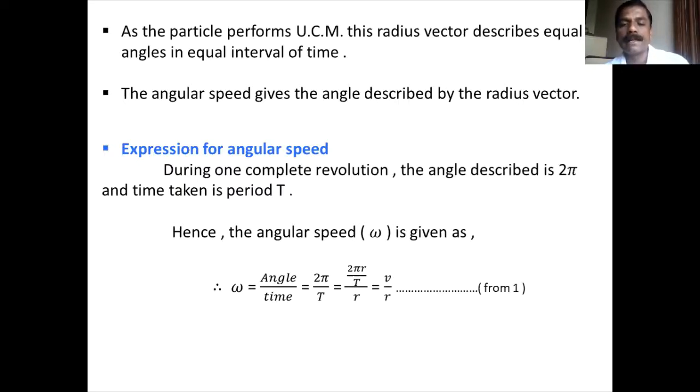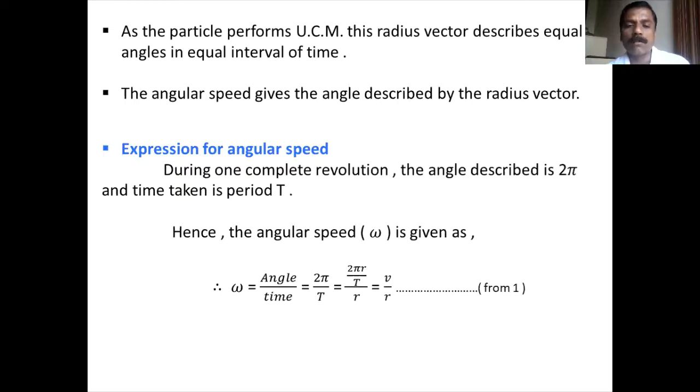If we divide with a small r, you will find 2 pi r divided by T, divided by r.